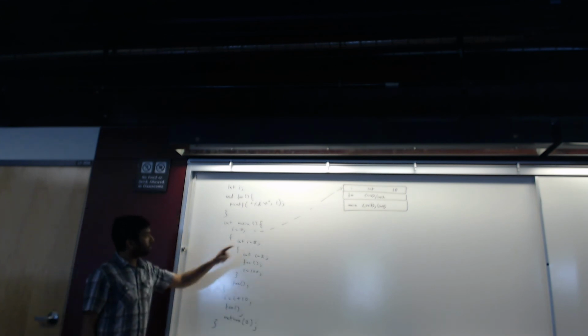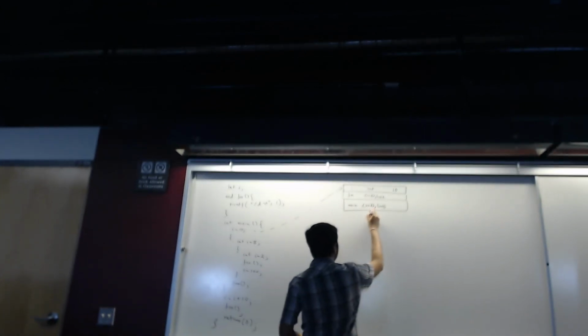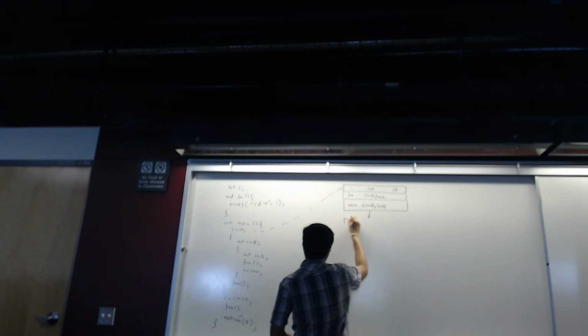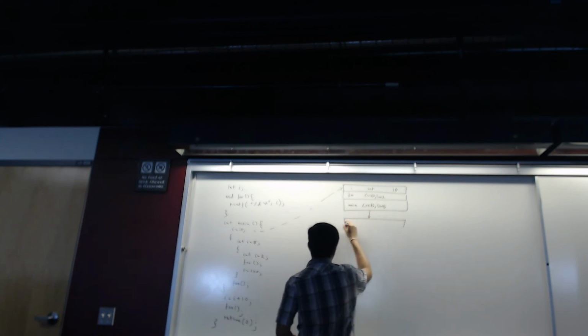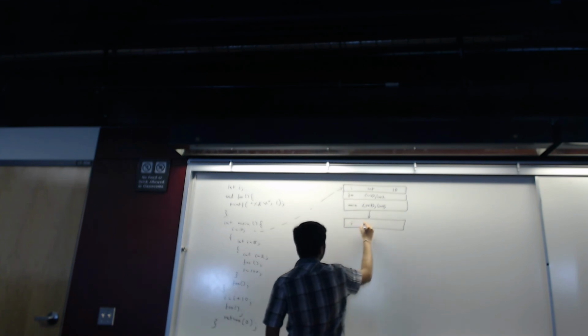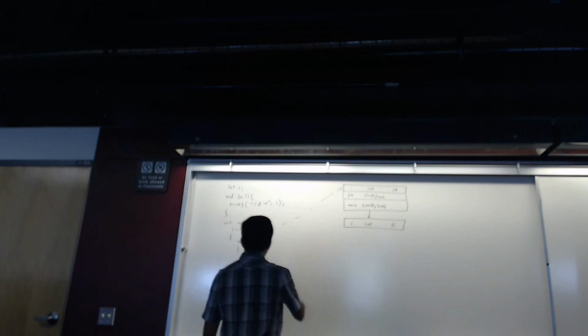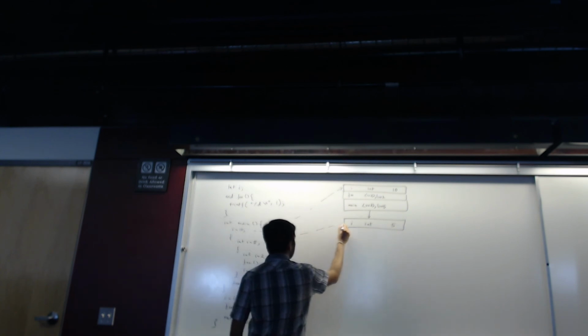Then we have int I equals 5. This is a new scope. Whenever there is a new scope, we need to put an arrow and add this there. So I becomes an int and the value is 5. So this goes here.